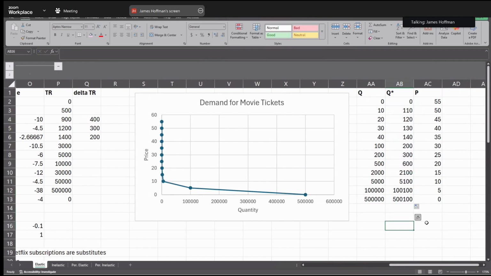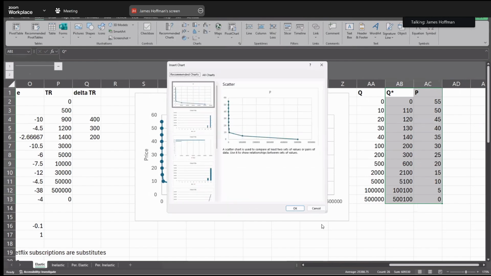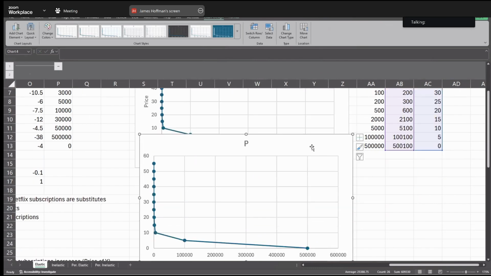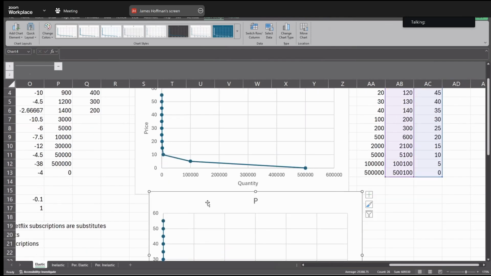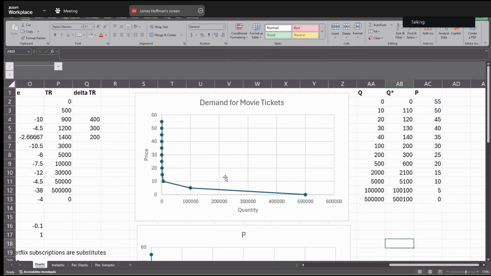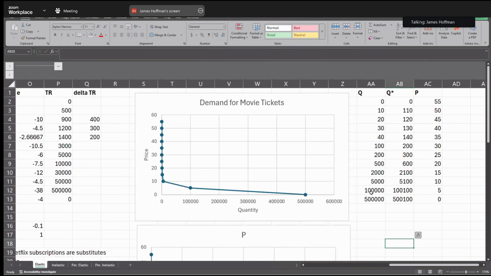All right. And then if I were to graph this new curve, okay. We could see that at the original prices, demand, it's kind of hard to see on it.